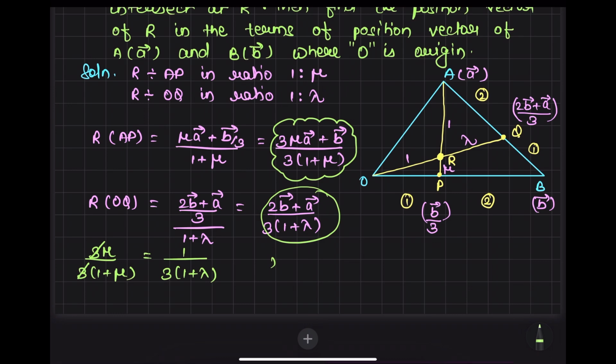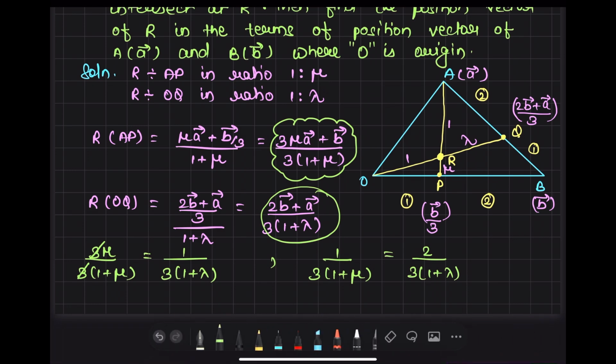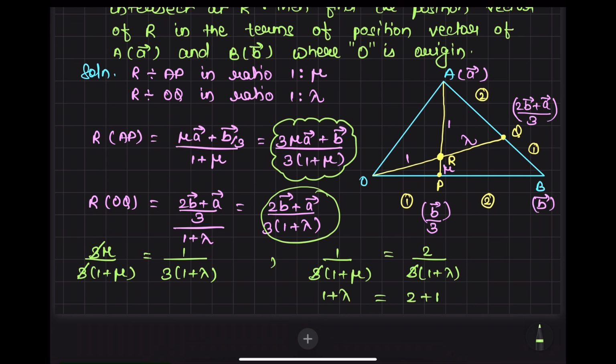So what is B? The coefficient of B, 1 by 3 times (1 plus mu), is equal to the coefficient of B from the below part, which is 2 by 3 times (1 plus lambda). Now we will simplify. We got 1 plus lambda equals 2 plus 2 mu.